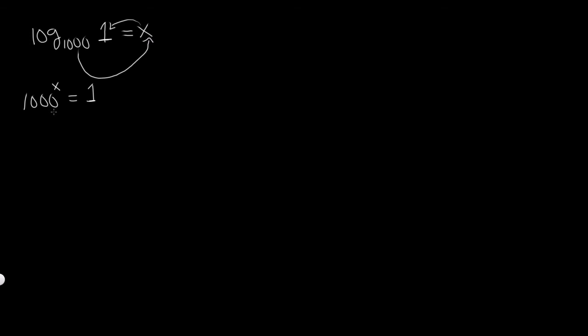So what number could we raise 1000 to, to be equal to 1? Well, if you don't already know, any number raised to the 0th power is equal to 1. So 1,000,000 to the 0th power is 1.